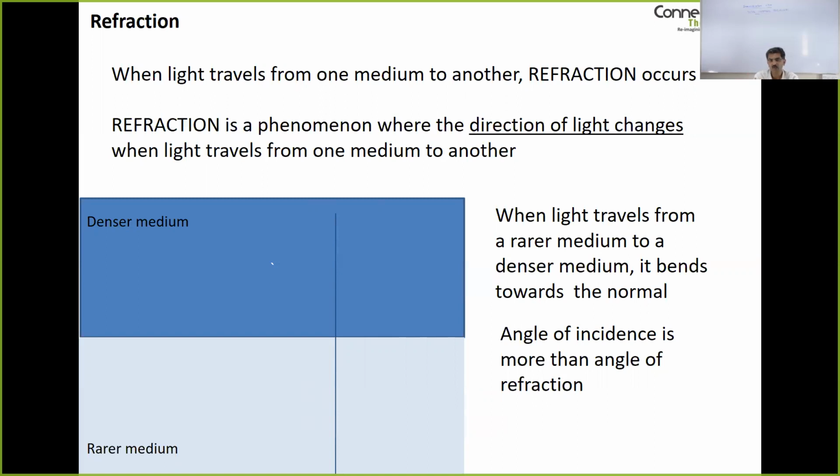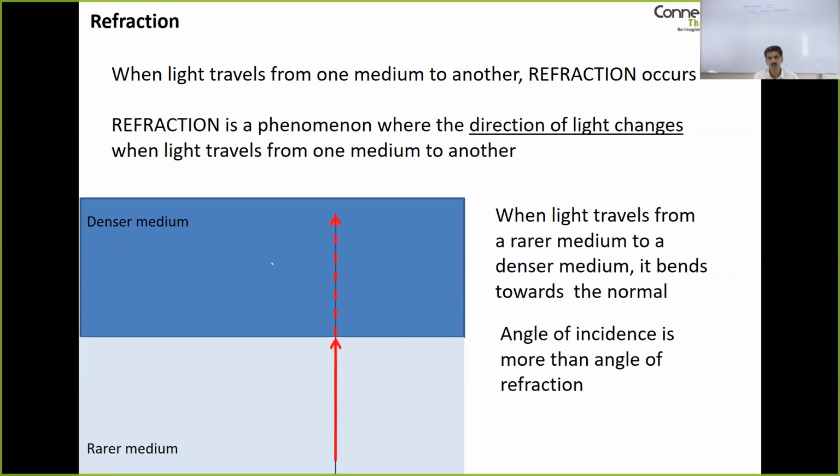Now, when light travels from a rarer medium to a denser medium, as we have illustrated here, most students know that the refraction happens towards the normal. So let's see what happens when light goes from a rarer medium to a denser medium.